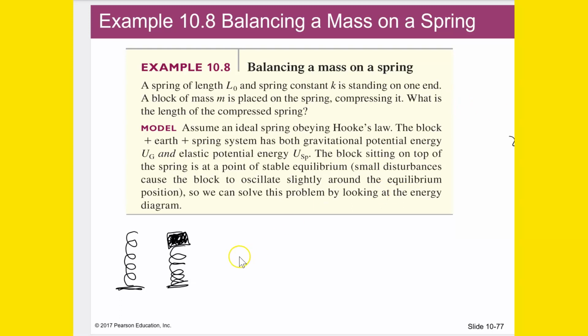So the total potential energy is going to equal the potential energy due to gravity plus the potential energy due to the elasticity of the spring. And so that U total is going to equal.